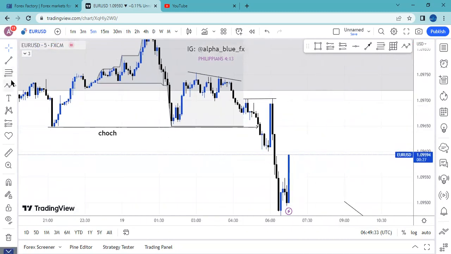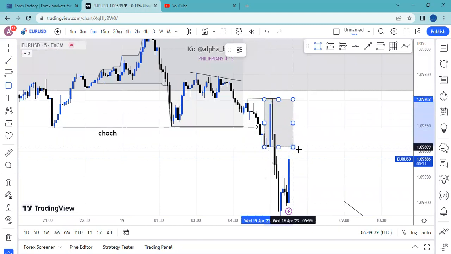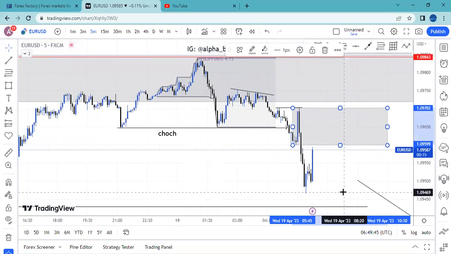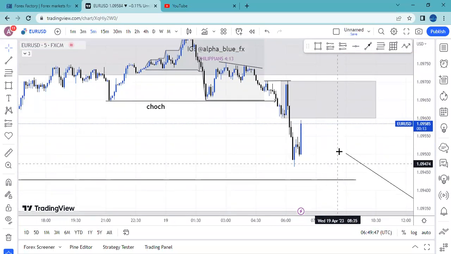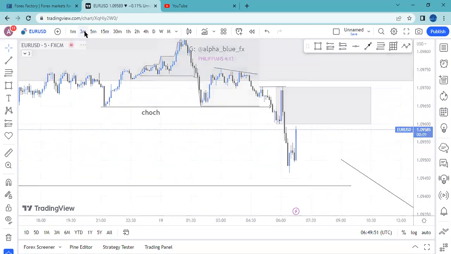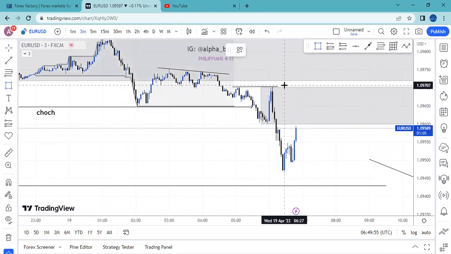Now let's look at this breaker block right here. This whole area can be an area to look for a short to continue to the downside, or there's another little small 15 minutes, 3 minutes order block here.